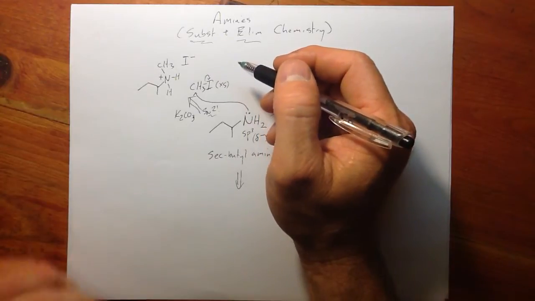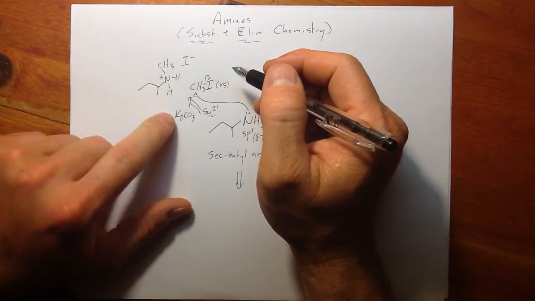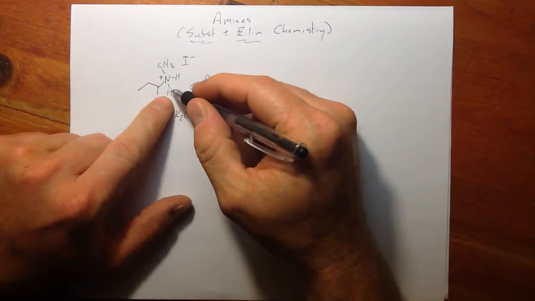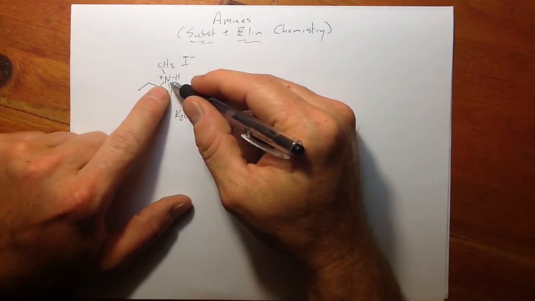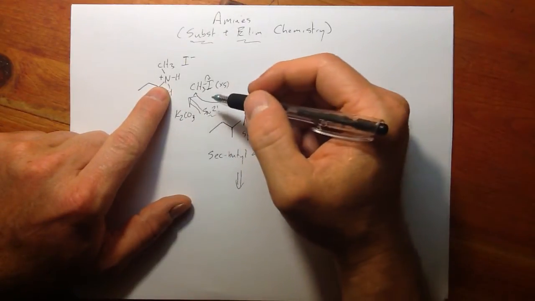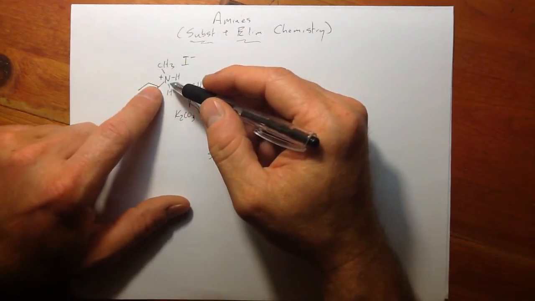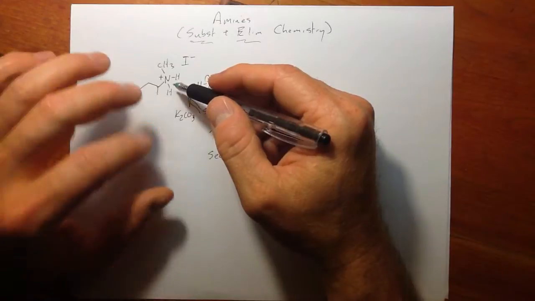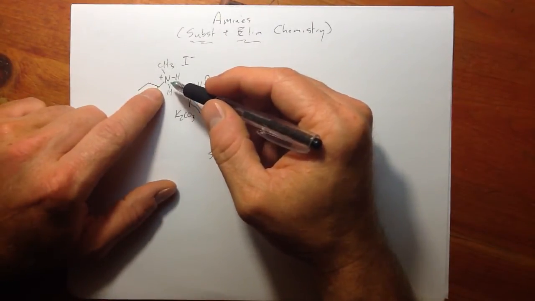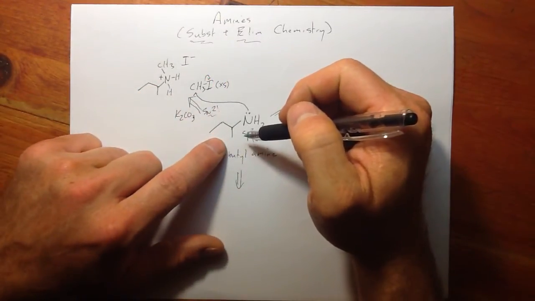But the problem is, this reaction doesn't stop. Given our scavenger will take the proton away, we would put a lone pair right back on the nitrogen. It would have another partial negative charge, and it would be just as reactive for the most part, maybe a little bit different, as the starting sec-butylamine.